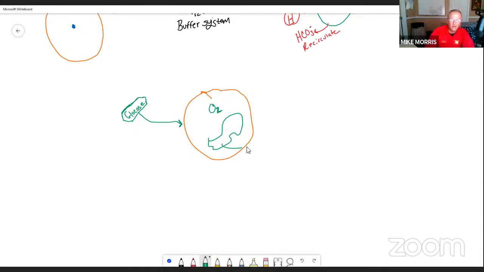So we can actually come in here to this mitochondria and go to the Krebs cycle and electron transport chain, so that we can get that 32 moles of ATP, and some heat, some water, and a byproduct of all of that, CO2.